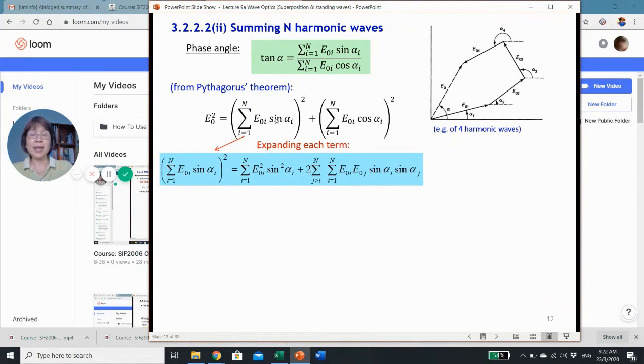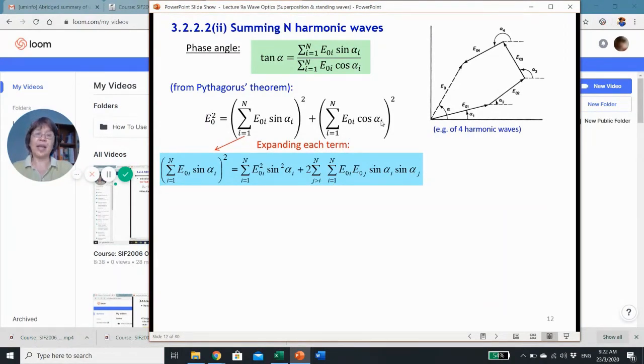Expanding this, it can be written as the summation of E0i squared sine squared alpha i plus 2 times the summation of the paired vertical components, E0i E0j sine alpha i sine alpha j, whereby your j will be larger than i.